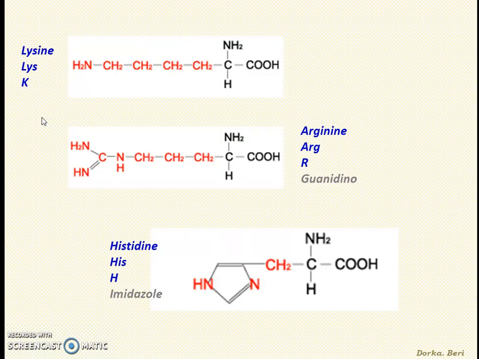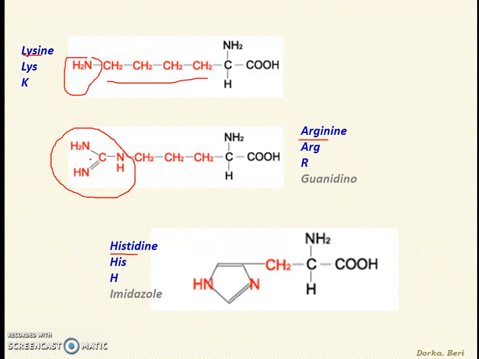Then the last slide of the structures: it is lysine, arginine and histidine. All these are basic amino acids because they contain an extra amino group. You can remember the structure of lysine very easily, writing 4 CH2s and at the end NH2. The amino group is nothing but the basic group of lysine. And this arginine structure needs some concentration, where it contains a special group called guanidino group.